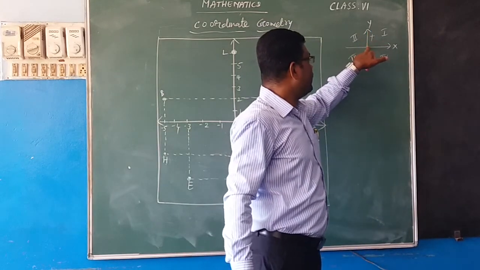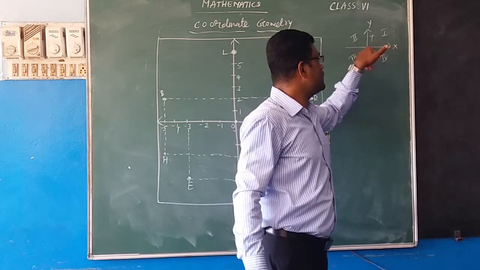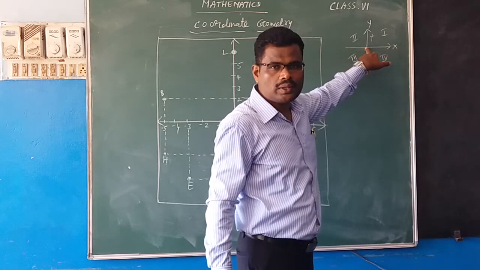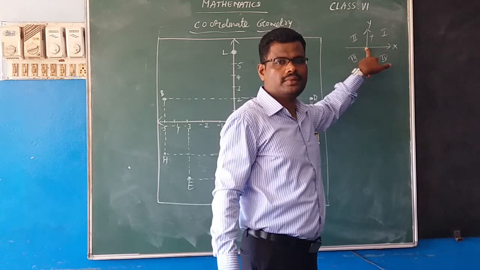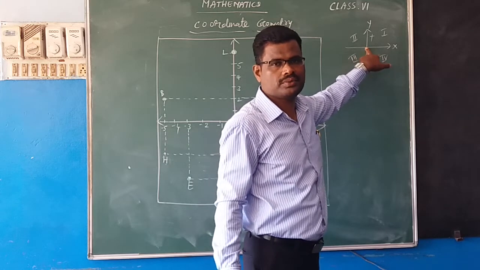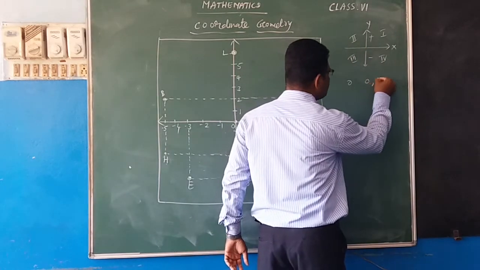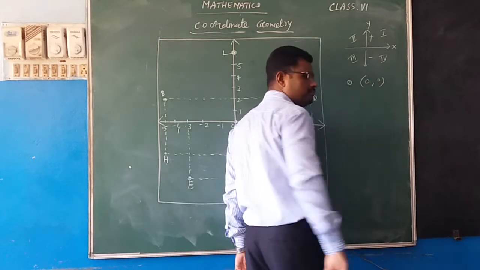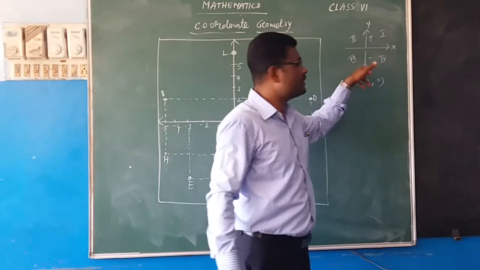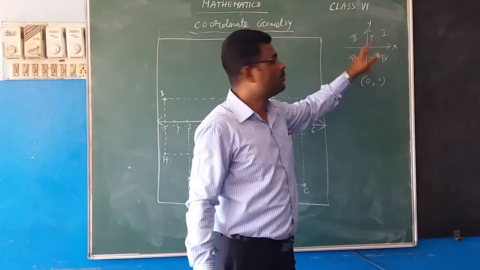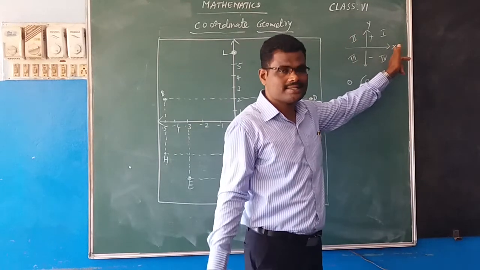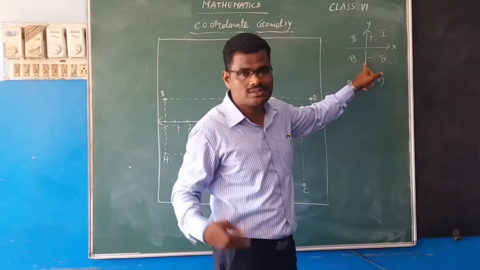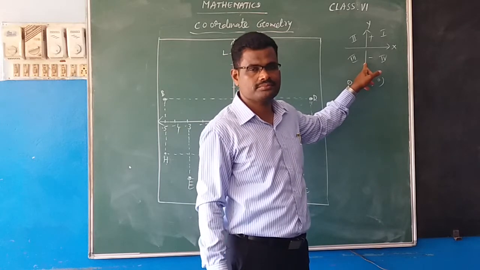The point where the x-axis and y-axis meet is called the origin. It is denoted by (0, 0). O indicates (0, 0), O means origin. This is the x-axis, this is the y-axis. The points which lie on the x-axis are called x-coordinates, and the points which lie on the y-axis are called y-coordinates.